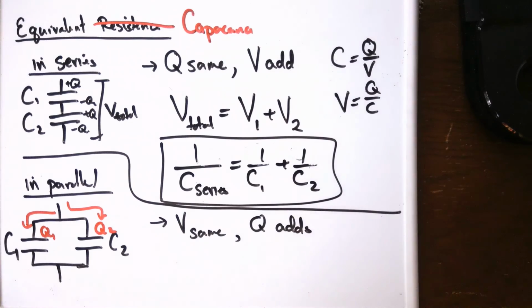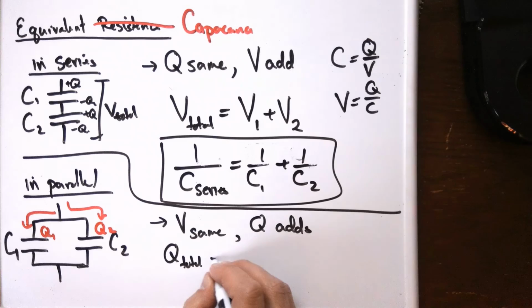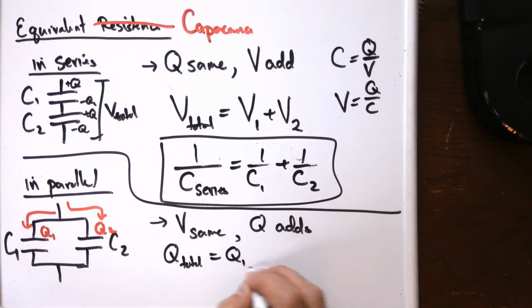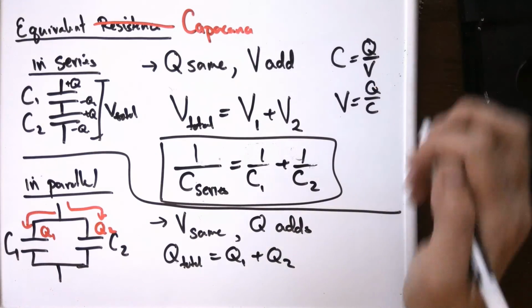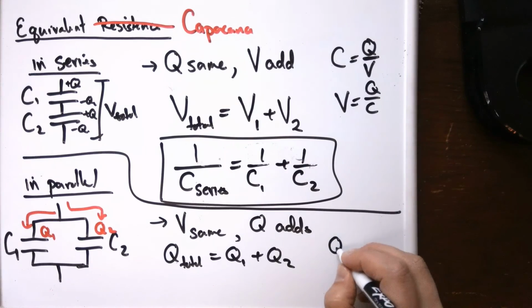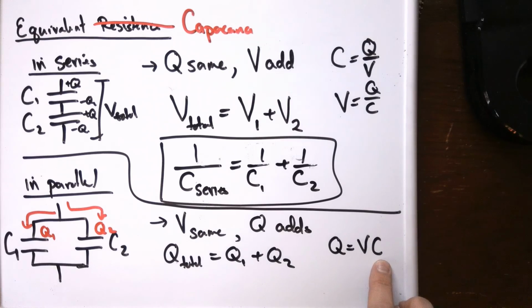So if you want to know the total current, sorry, the total charge, that'll be the charge on capacitor 1 plus the charge on capacitor 2. And rearranging what capacitance means, well, that's going to be voltage times the capacitance. So we can go ahead and replace that.